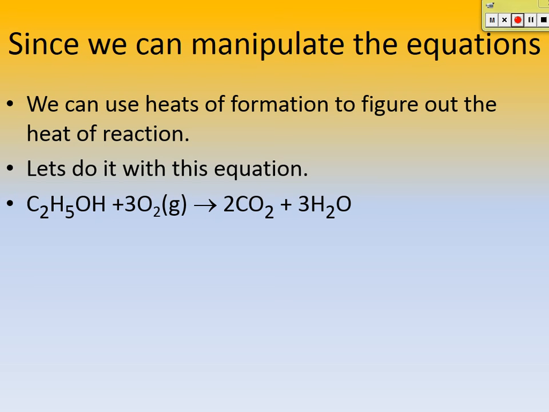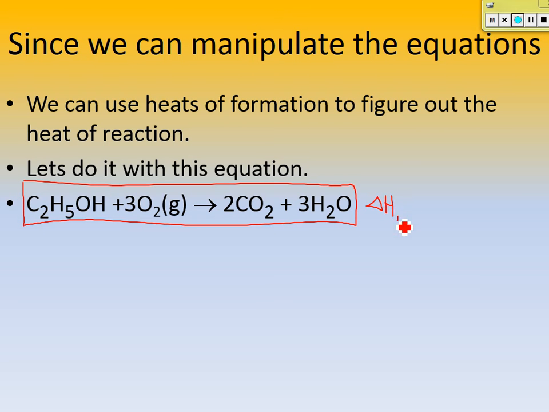If we have this reaction, and I want to figure out its delta H value for the whole reaction, well, we can use the standard enthalpies of formation for all of these substances and calculate it through one big equation. So let me see if I can help you understand what we're doing here.